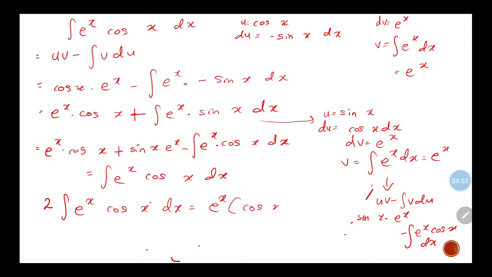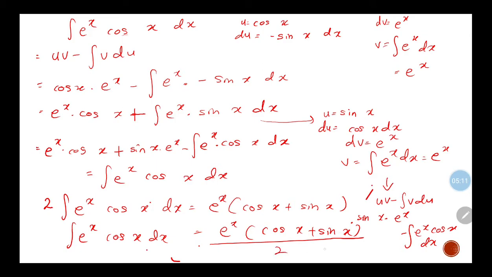So you have cos x plus sin x. And can we get the answer now? Yes, we can. So this is like a trick question that might or might not be in your exam. So this is the final answer for question C: e to the power of x times cos x plus sin x, over 2.